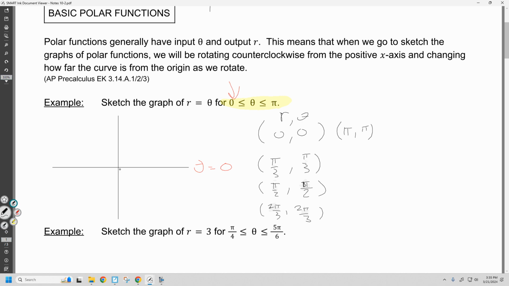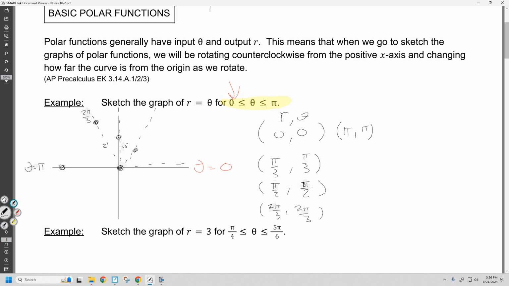Angle of 0, radius of 0. Angle of pi over 3, a radius of about 1. Angle of pi over 2, a radius of about 1 1/2. Angle of 2 pi over 3, radius of about 2. Angle of pi, radius of pi.